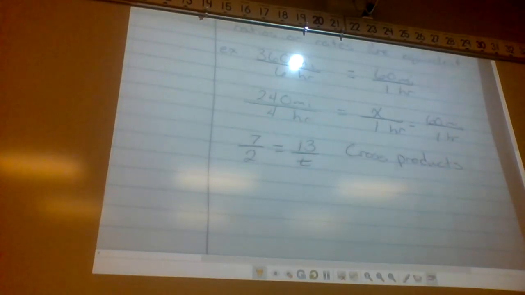I mean, you are correct, but not 100% correct. A product is more specific than saying multiply. What part of the multiplication problem is the product? The answer to a multiplication. So when we say products, what does that tell us we're going to do? We're going to find the answer to a multiplication, right?